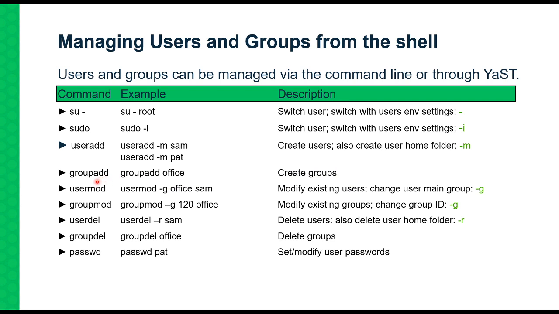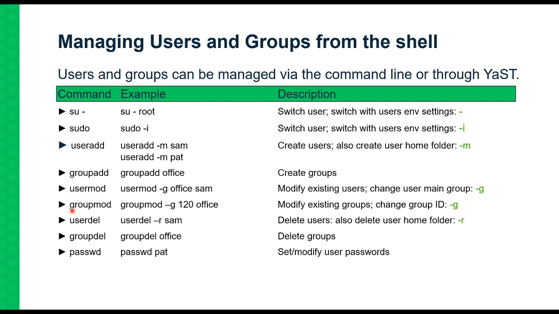To modify a user, we use the usermod command. So we can change the user's main group with the option -g. So to modify a user, we'll use the command usermod space -g, and then we first state what should the new group be. And this will be office, and we'll give Sam the new group as his primary group.